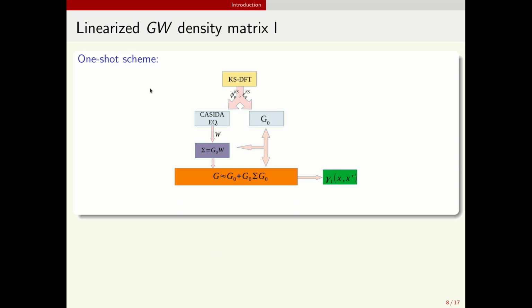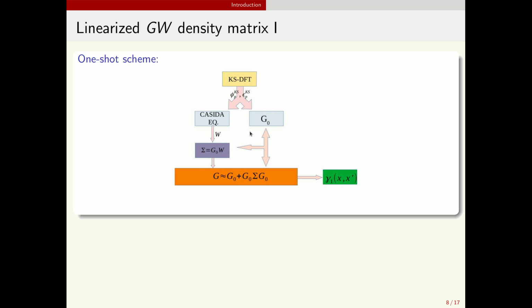So, in our one-shot scheme to produce an improved density matrix, we first perform a Kohn-Sham DFT calculation where we obtain Kohn-Sham DFT orbitals and orbital energies. Then with that, we can build a non-interacting Green's function, and solving the Casida equation, we can produce the screened Coulomb interaction.